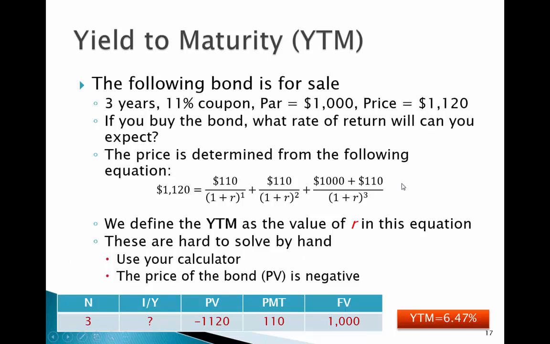And it's amazing to me that people were able to do these kind of transactions and calculations in the 30s before we had mechanical equipment even that would do these kind of calculations. So the calculator makes these a lot easier. So if you put these numbers in the calculator, it will give you the yield to maturity of 6.47%. Remember, you'll get an error if you don't put a negative sign on the price of the bond.